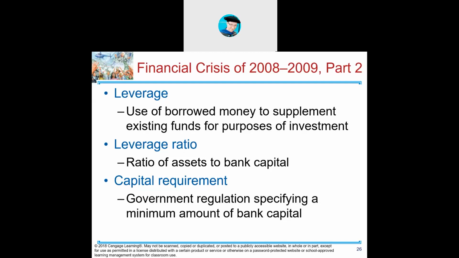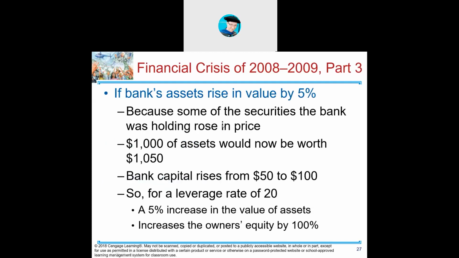And of course, as we take all this into consideration, we look at the capital requirement, which we talked about earlier. Capital requirement is a minimum required amount that the banks need to have on reserve to cover withdrawals. And of course, all that's regulated by the government.